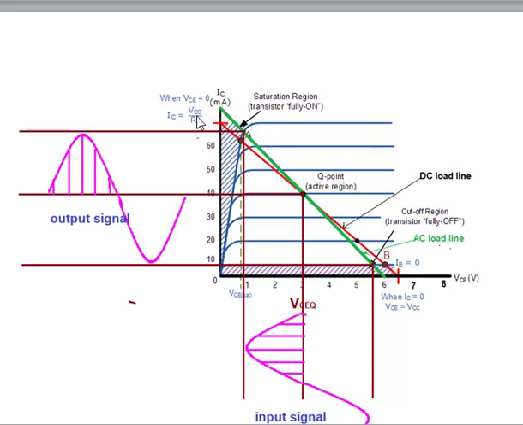This IC is taken from VCC divided by R. The DC load line and AC load line intersect here. This part is taken as the quiescent point.